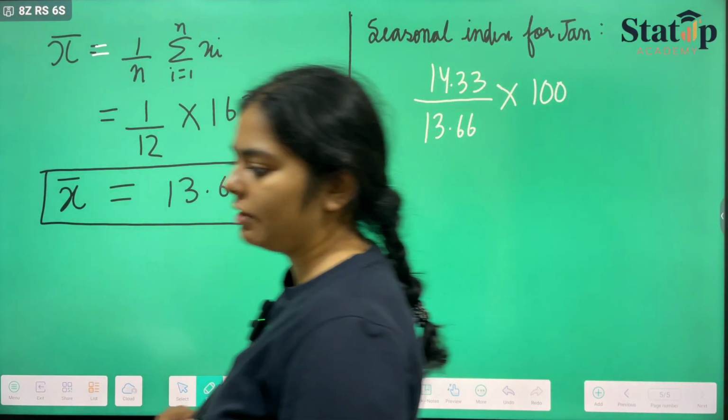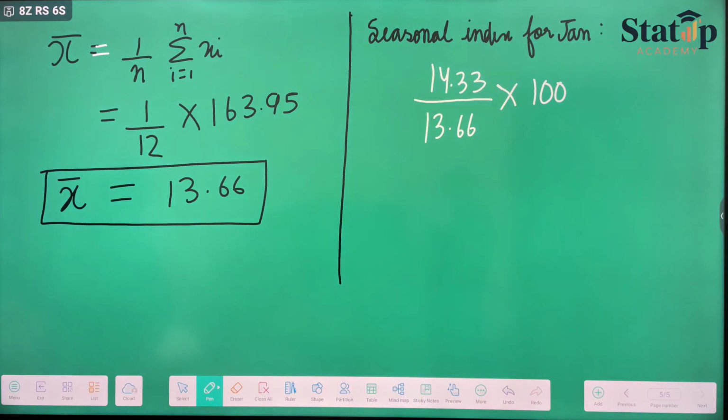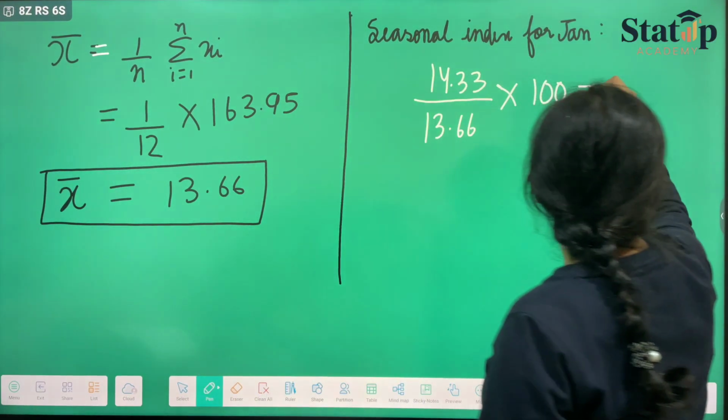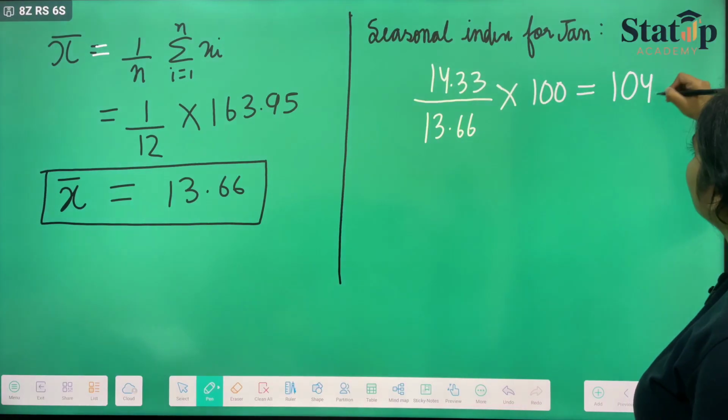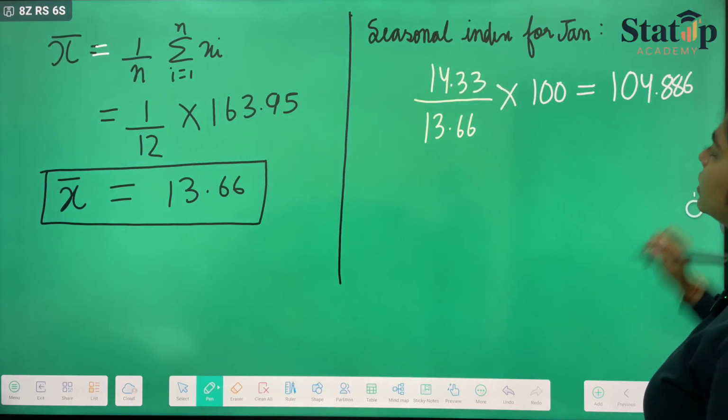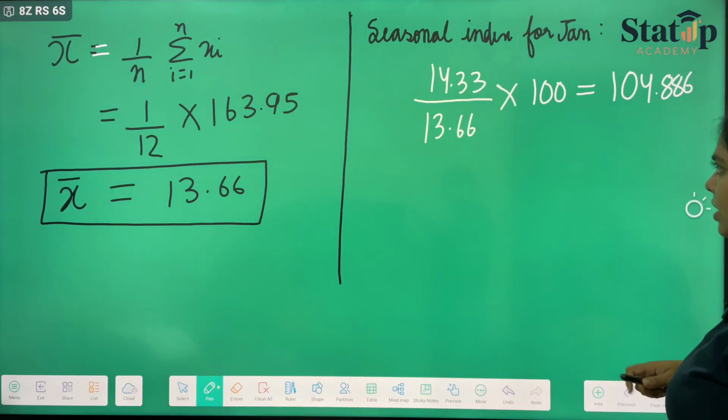We get 104.886 as the answer. This is the seasonal index for January.